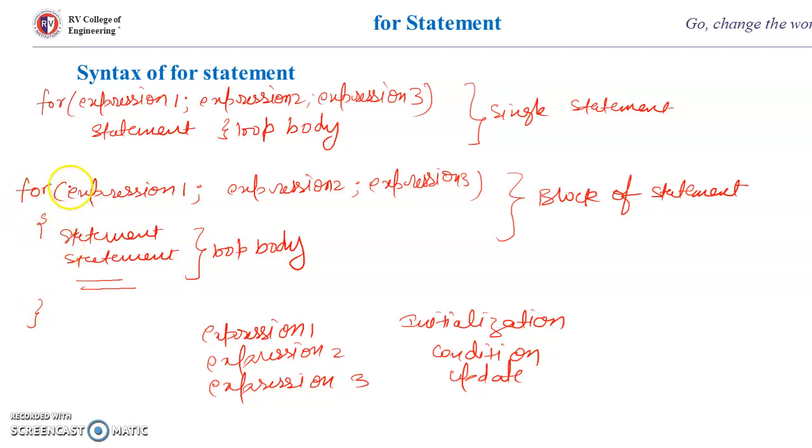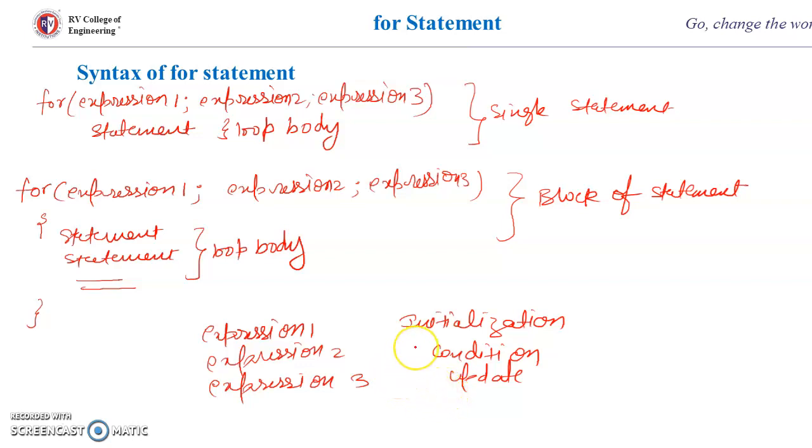And how do we write it? We write for, and then inside the parentheses we write three expressions: expression 1, expression 2 and expression 3, separated by semicolon. Expression 1 is the initialization expression, expression 2 is the condition expression, where we check the condition, and expression 3 is the update expression.